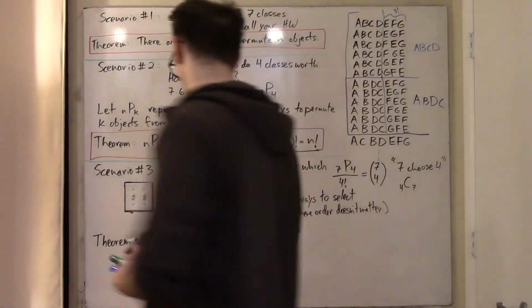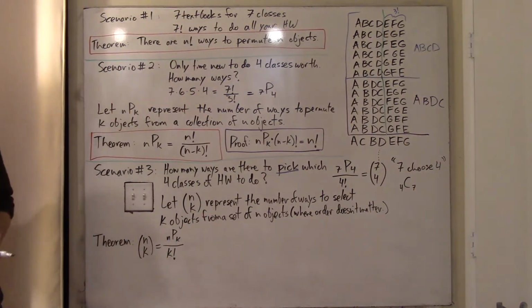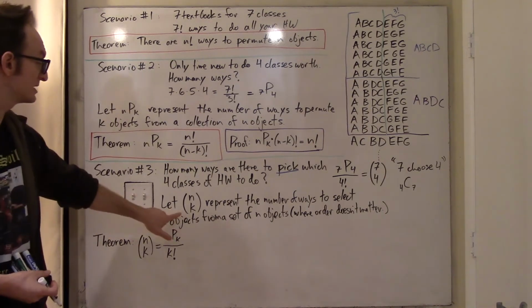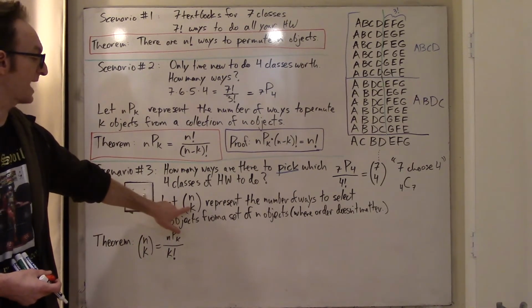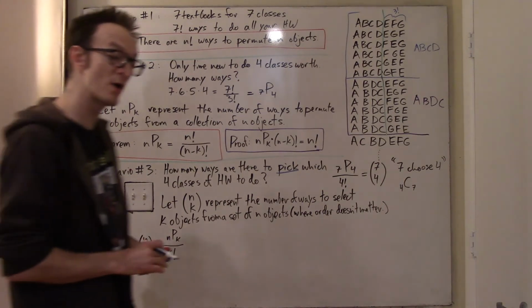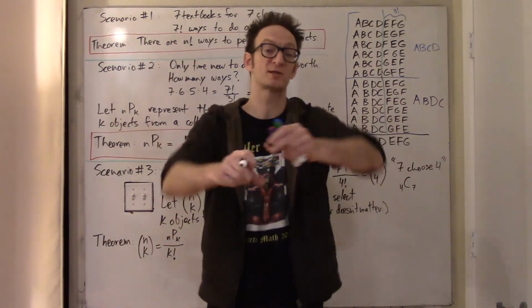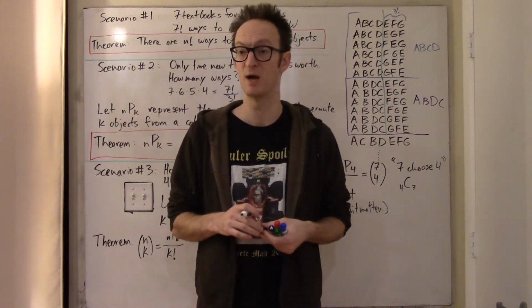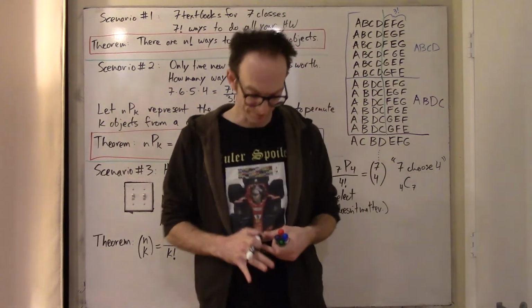Okay, so to finally put this all together and finish this off, I hereby define this symbol, n choose k, written like this. And what is n choose k? It represents the number of ways to select k objects from a set of n objects. And so now I'm just picking which objects to select. I am not permuting them. I am simply choosing them.